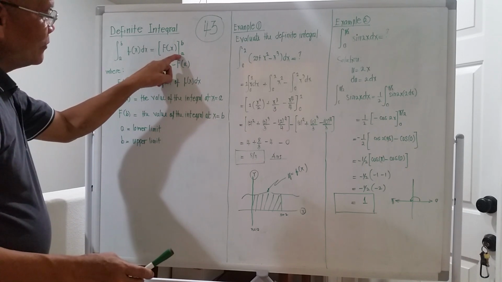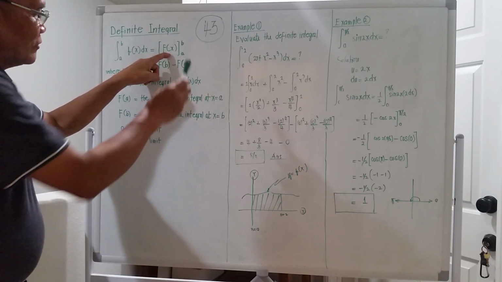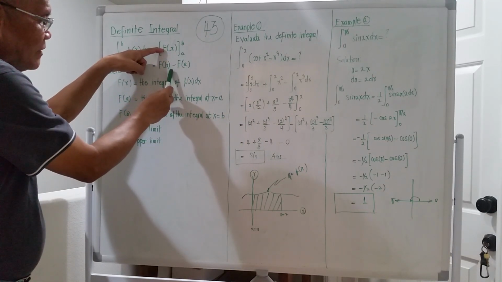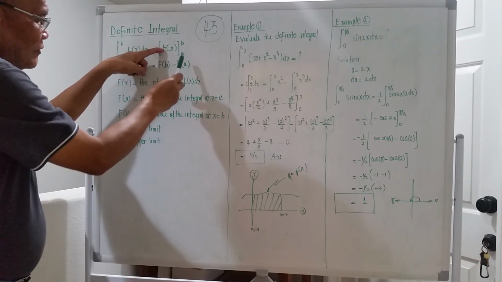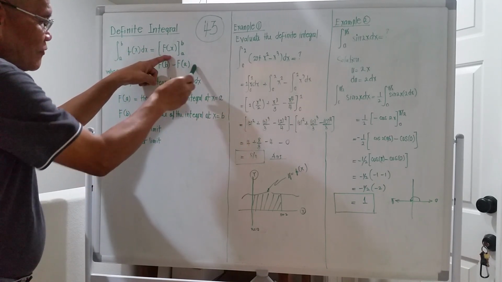We got the lower limit, we got the upper limit, so we got the function here. Take this value, place it here, that will be F of b. Take this value x equal to a, place it here, that will be minus F of a.